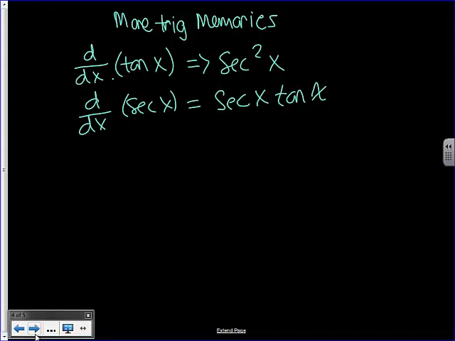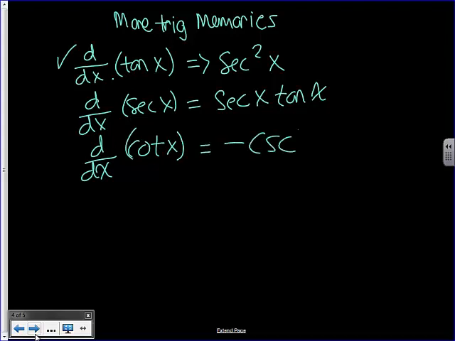And all of these I could prove to you. These are all quotient rules. But I'm just proving the first one to you. This is the most common one. The derivative of tan x is secant squared x. You will see that all the time. Know that just the way you know sine and cosine. So d dx of cotangent x is actually negative cosecant squared x. And d dx just means derivative.